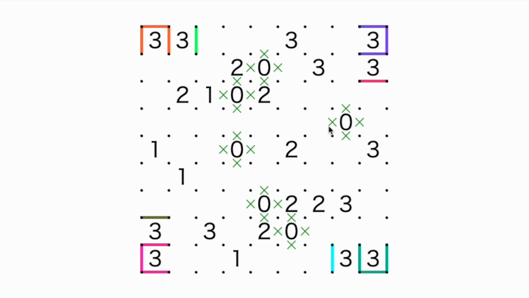Another pattern that I see all the time are 3s that are diagonally apart from each other. With these, what we're going to end up knowing is that these lines are drawn in. And let me explain why. Supposing that one of these 3s had a corner drawn right here.